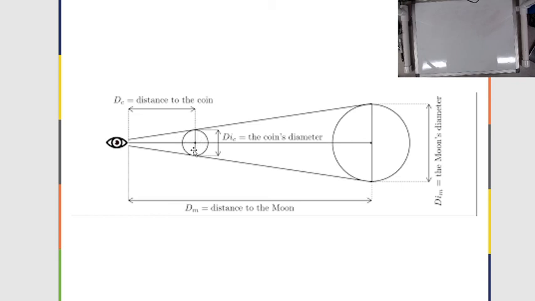And so they knew the diameter of the coin, and they knew the diameter of the moon from the experiments I told you about earlier. And so that would allow them to calculate that the ratio of the coin to the moon's diameter was the ratio of the distance to the coin to the distance to the moon. And so the only unknown there was the distance to the moon, and they were able to calculate it.